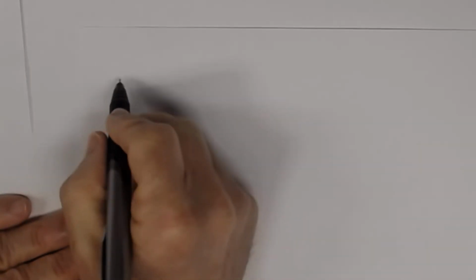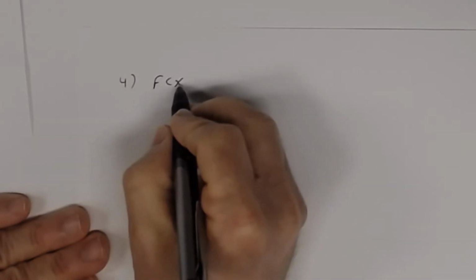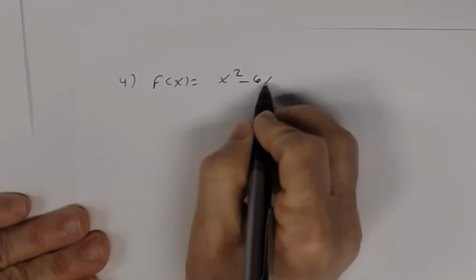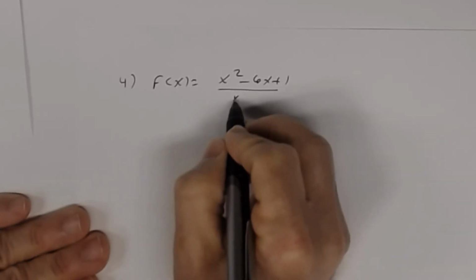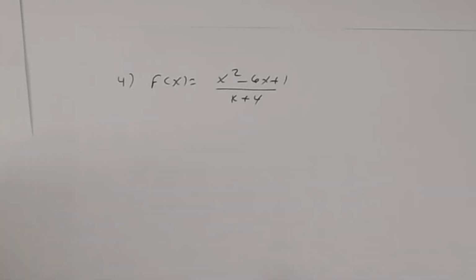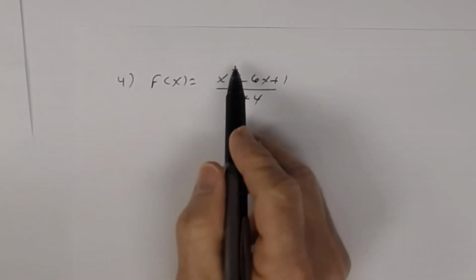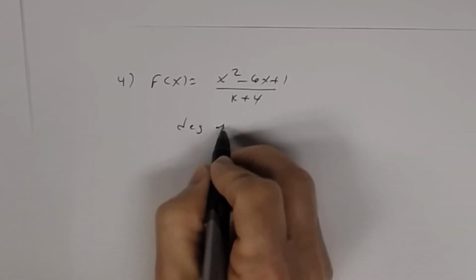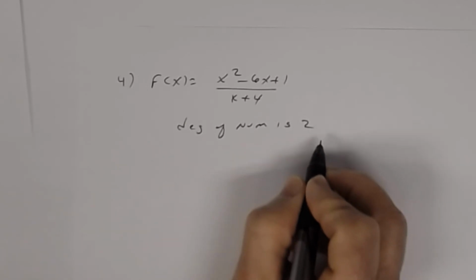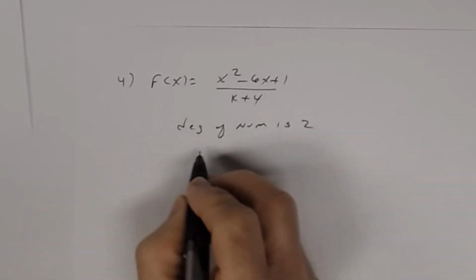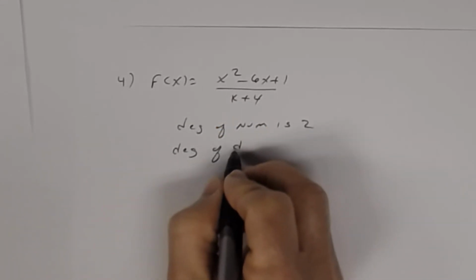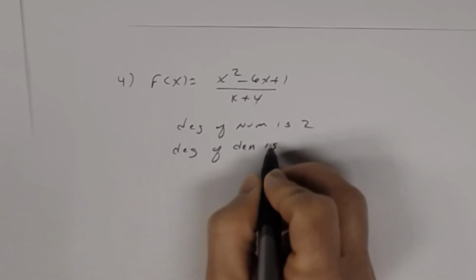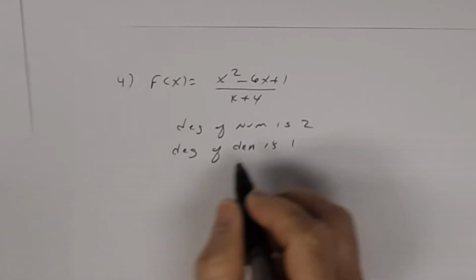All right, number 4, this was our problem. We have f of x equal x squared minus 6x plus 1 divided by x plus 4. So notice it's in descending order. So this is your leading term and this is your leading term. So the degree of the numerator is 2, x squared. The degree of the denominator is 1, x to the first.